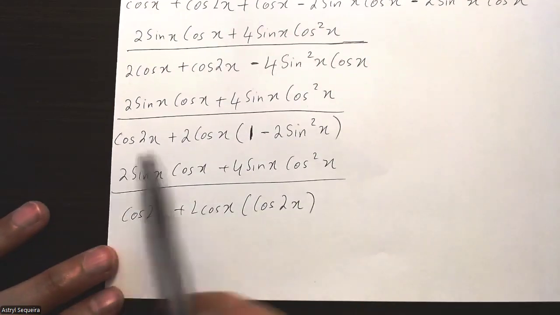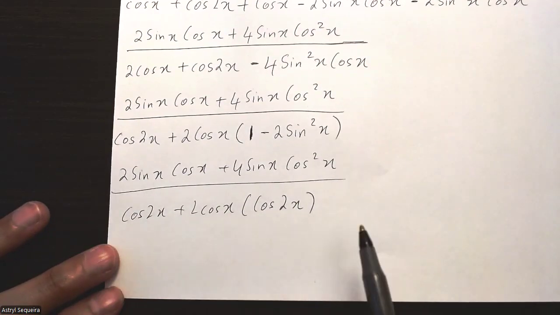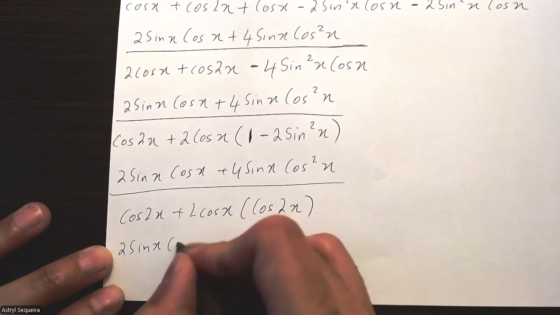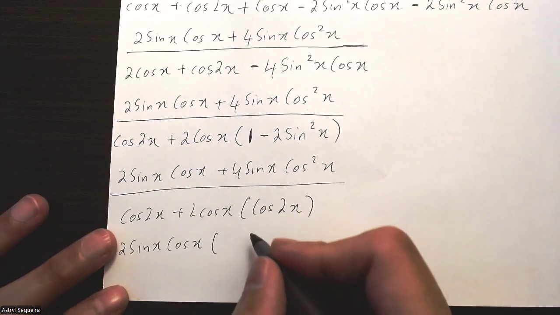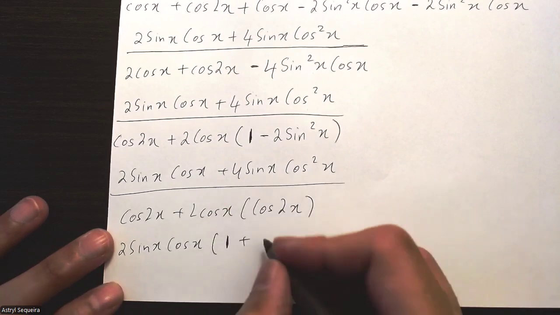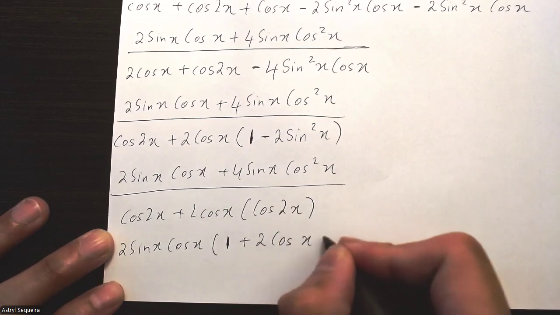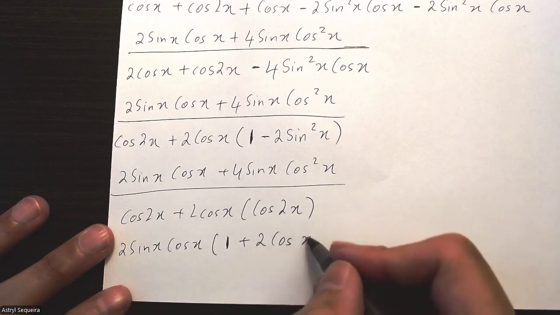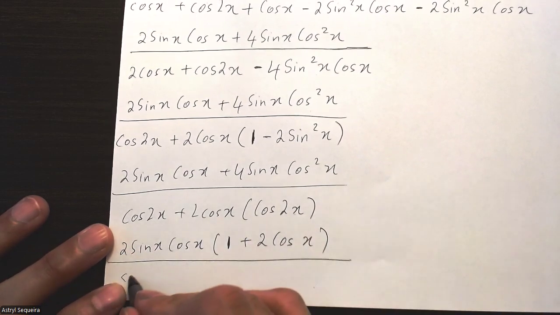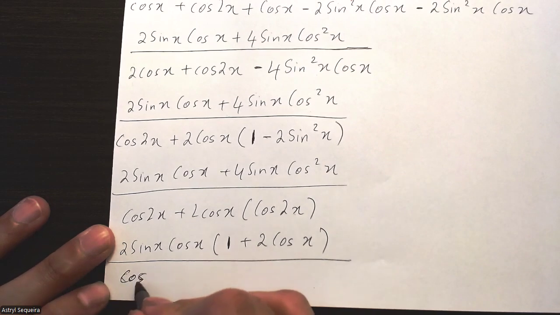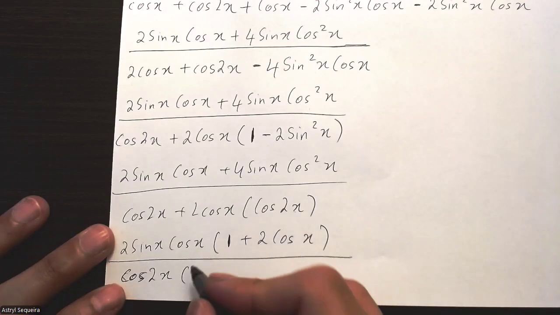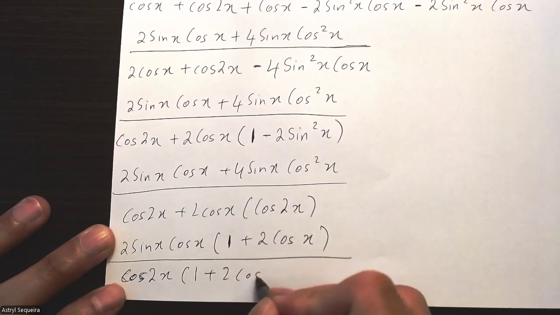And now I want to common factor out the top and the bottom. So in the top, I'm going to common factor out 2 sine x cos x. Left with 1 plus 2 cos x. In the bottom, I'm going to factor out cos 2x. And I'm left with 1 plus 2 cos x.